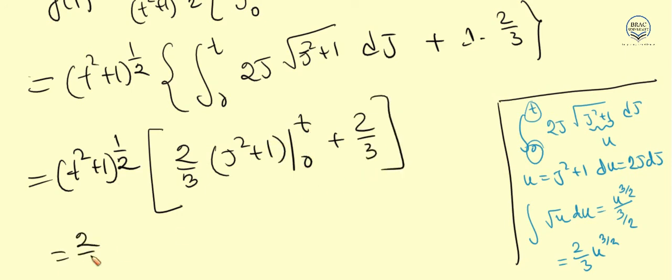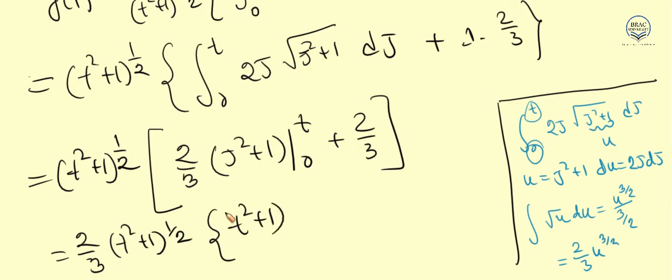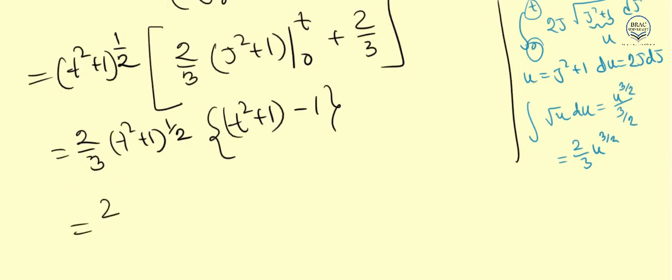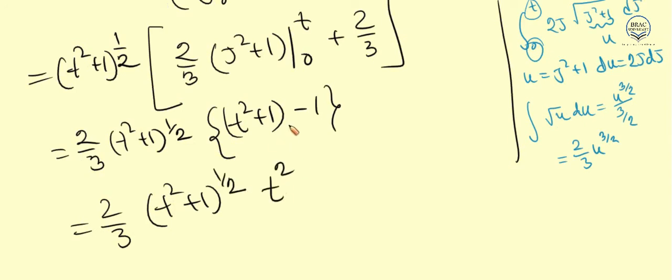You can take this 2/3 common or factor it out, whatever you want to say, and here you will have t square plus 1 to the power 3/2 minus, if you put 0 there is just 1, right? So finally you can write t square plus 1 to the power 1/2. You will have a t square over here, and this one and this minus 1 will cancel each other out, and this will be our solution.